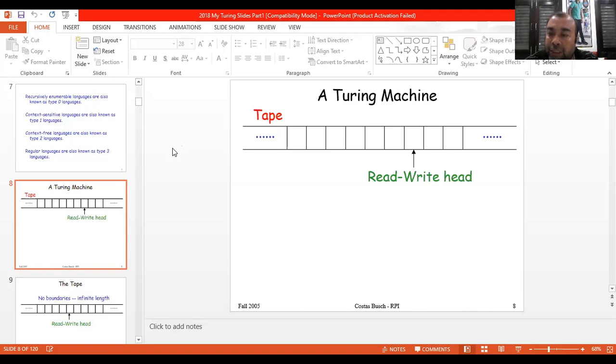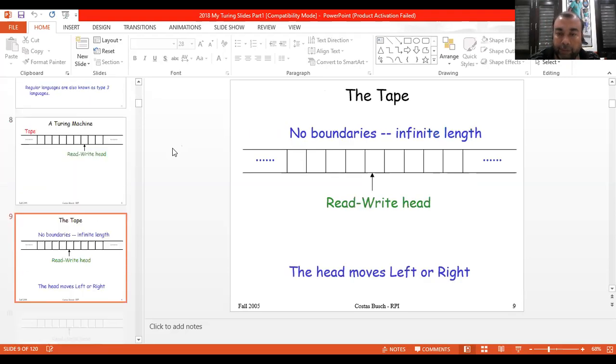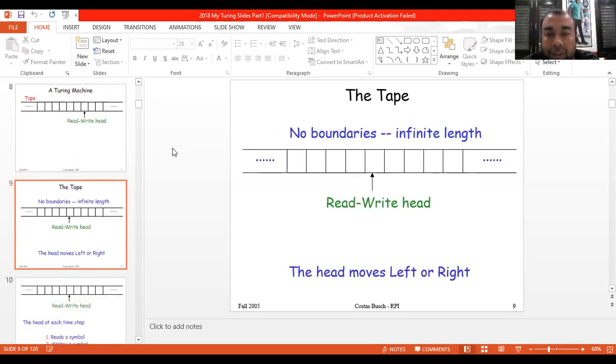So this tape will be of infinite size at both the ends, and this tape will play the role of read tape as well as write tape, and this head will play the role of read head as well as write head. So no boundaries, infinite length, read write head, the head moves.